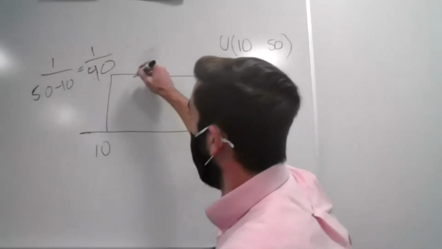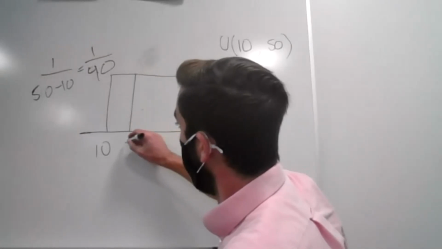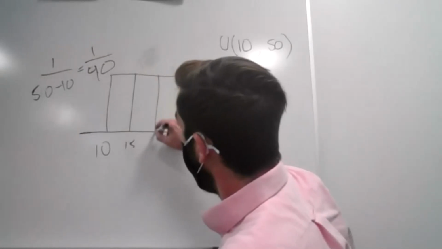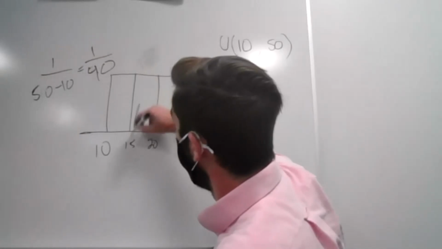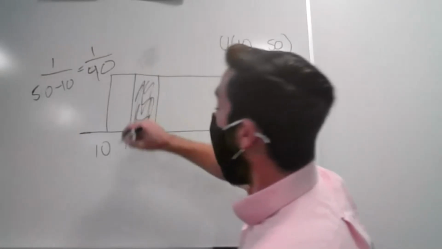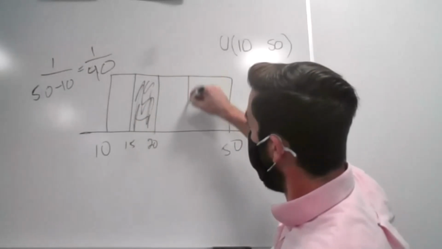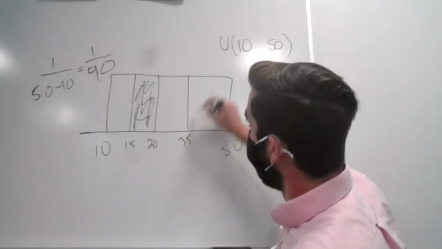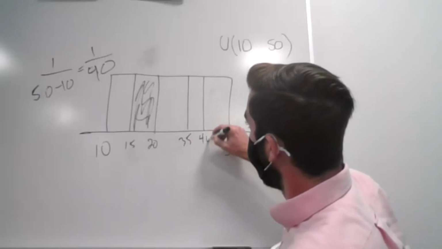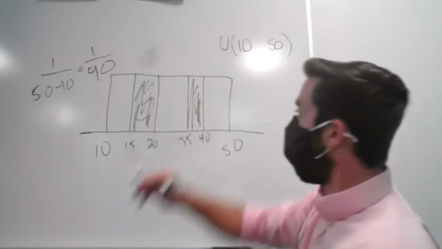Let's say I wanted to find the probability of being between 15 and 20, or being between 35 and 40.